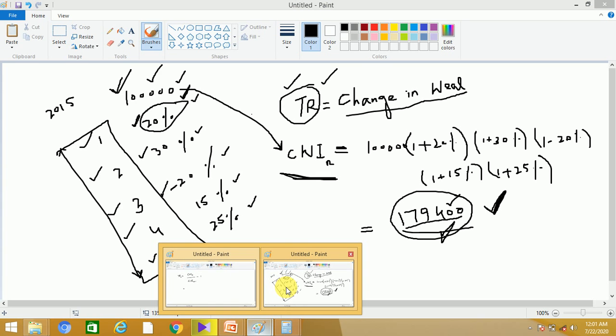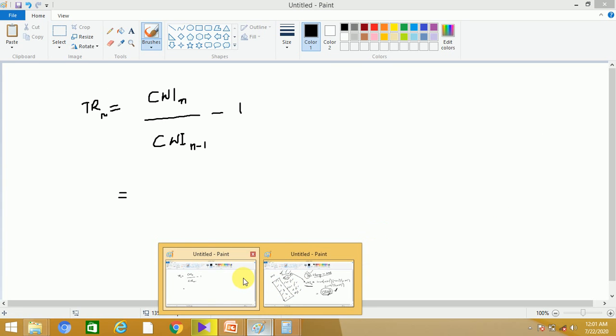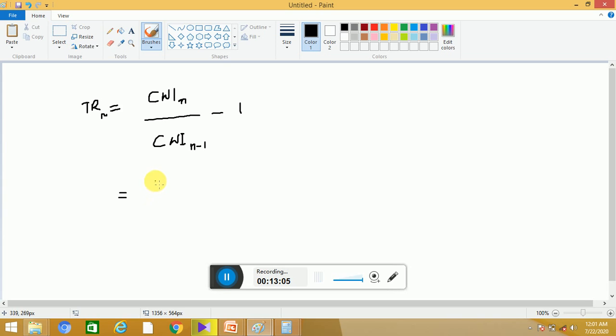It was 179,400 after 5 years. What was the cumulative return?